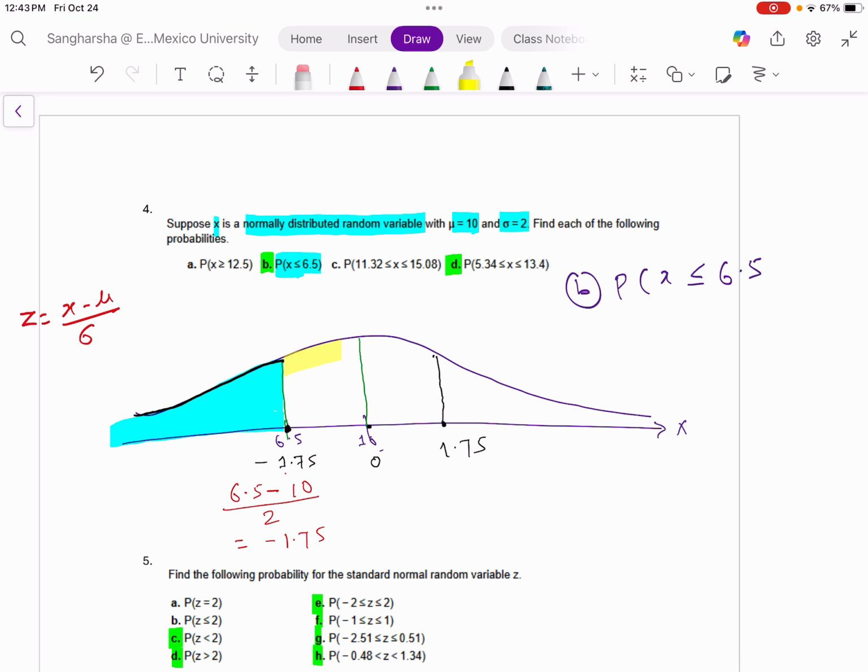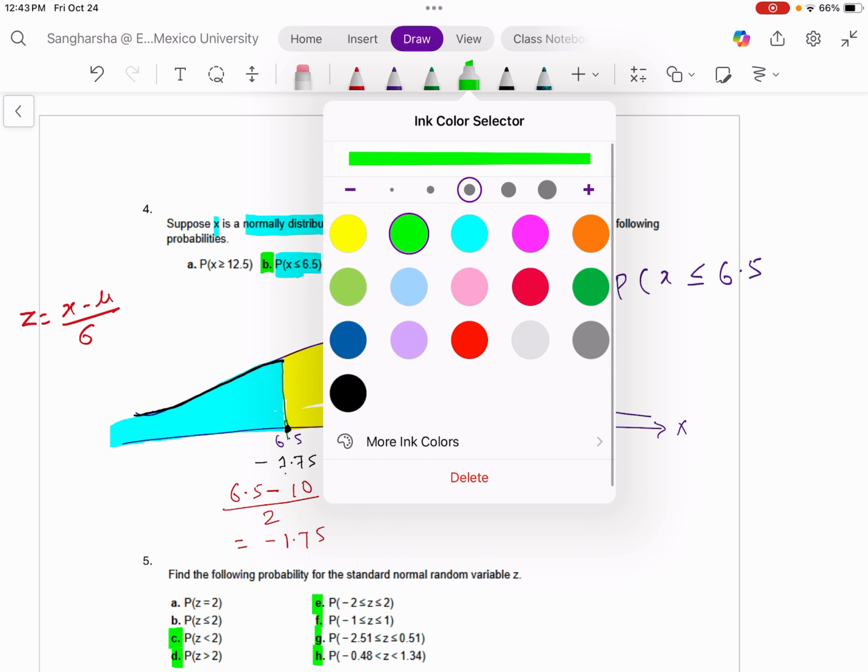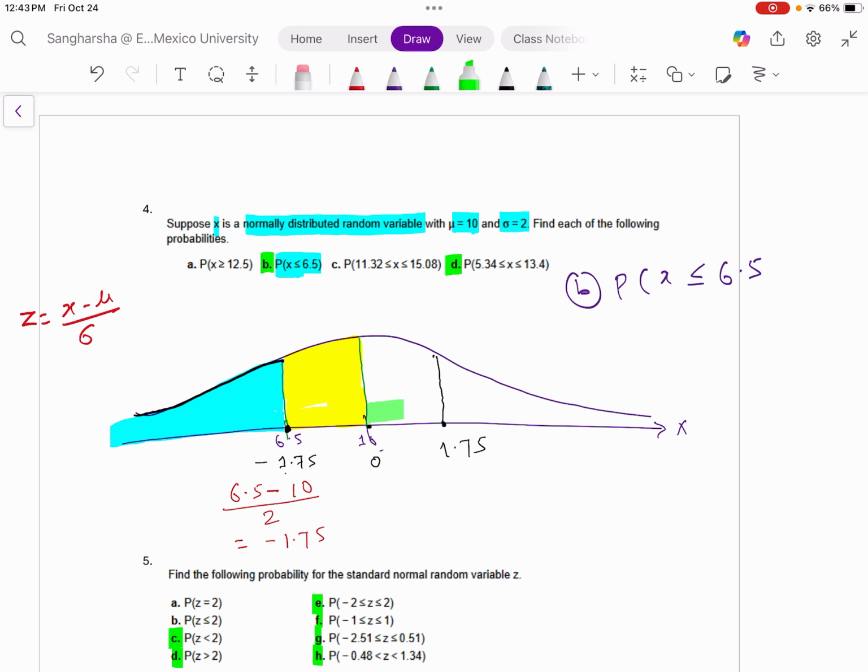This area from negative 1.75 to 0 is equal to the area from 0 to 1.75. Our normal distribution is symmetrical, so this green region and yellow region have exactly the same area.